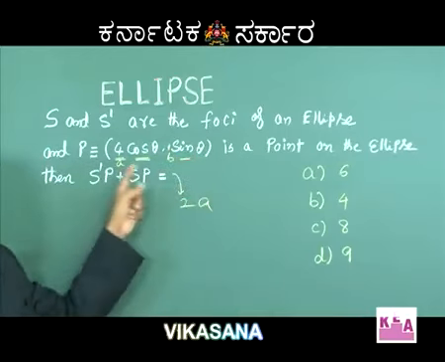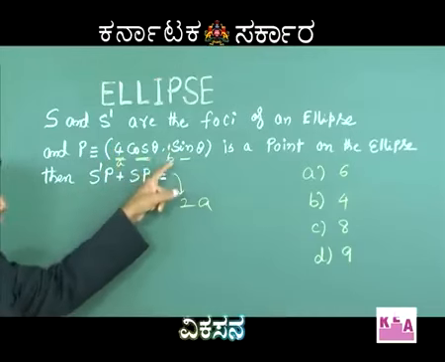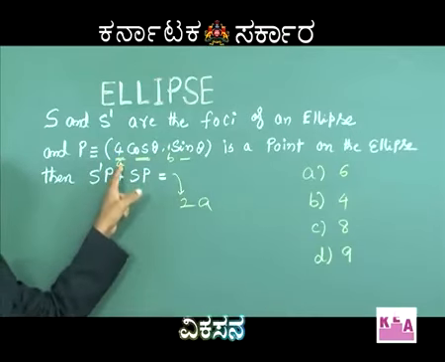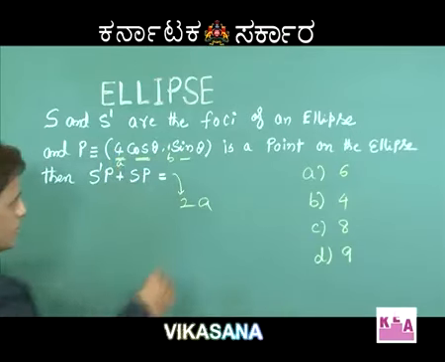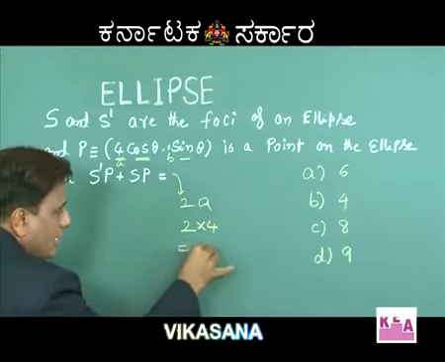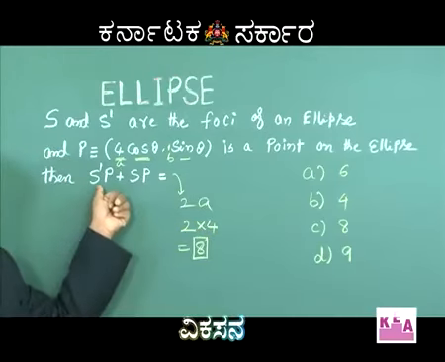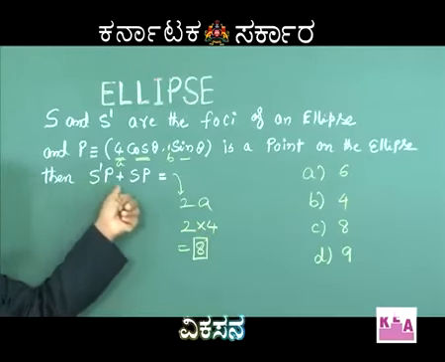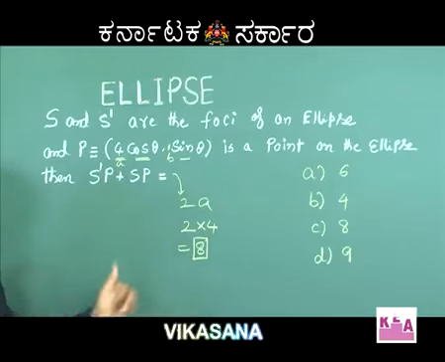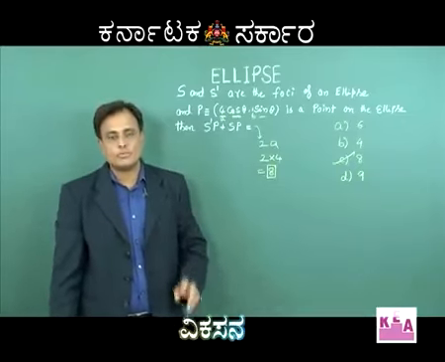These are the parametric equations of an ellipse. Here a is equal to 4. Directly 2 into 4, which is equal to 8. The sum, that is S dash P plus SP, is equal to 8. Therefore, option C is the right option.